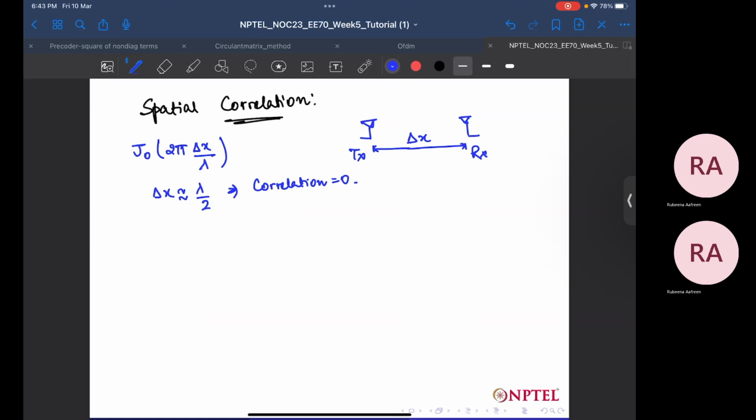Wait a second, this is not the transmitter, this is the distance between the two antennas only. Okay, sorry for the confusion. What I am trying to say is that suppose we have a single transmitter and a single receiver. This is one single transmitter and one single receiver.